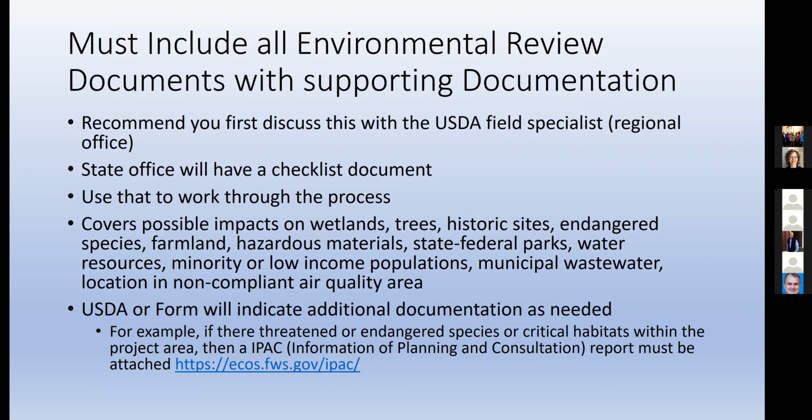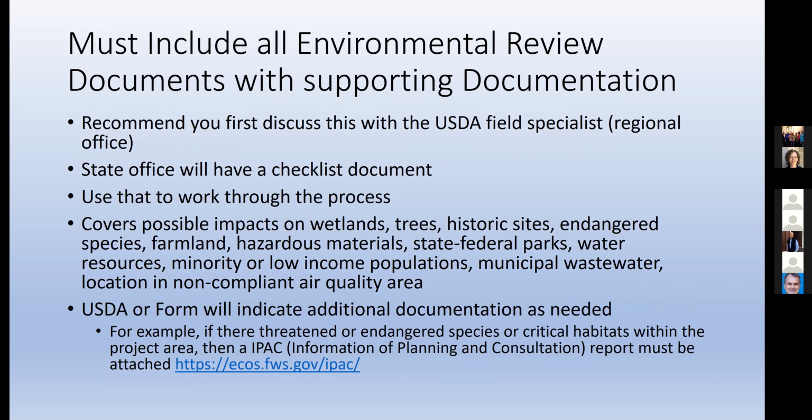But you're going to be talking about possible impacts on wetlands, trees, historical sites, endangered species, farmland, hazardous materials, state and federal parks, water resources, minority or low income populations, municipal wastewater, and locations that are non-compliant in terms of air quality.